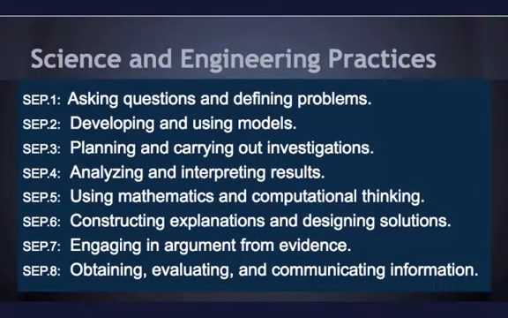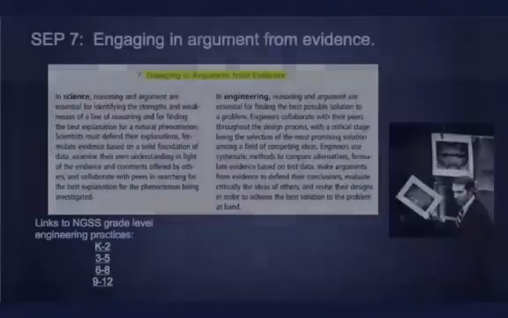We can look at Science and Engineering Practice 7, Engaging in Argument from Evidence, and 8, Obtaining, Evaluating, and Communicating Information to assist us in developing these skills in our students.